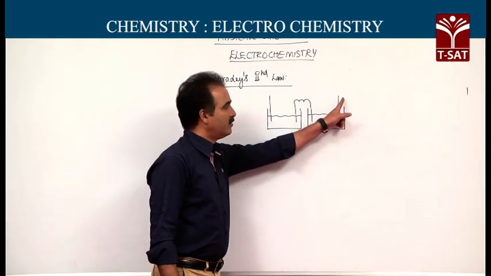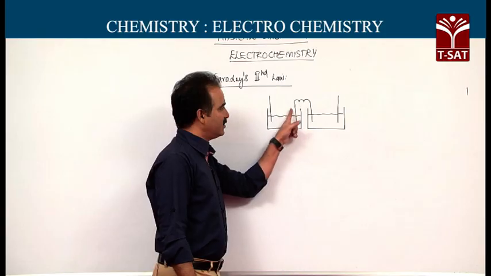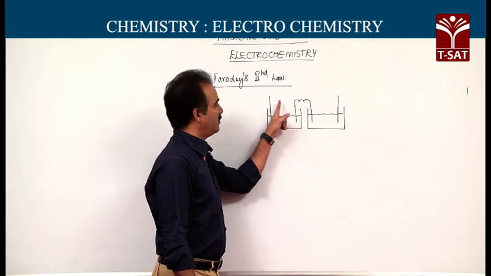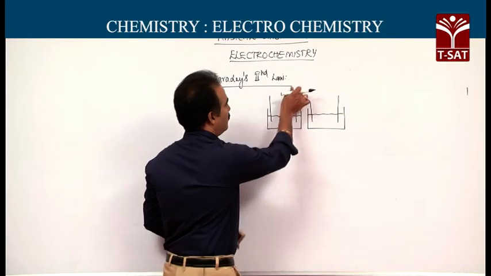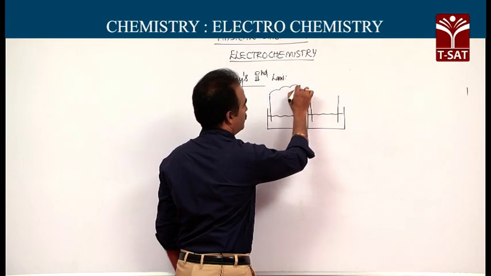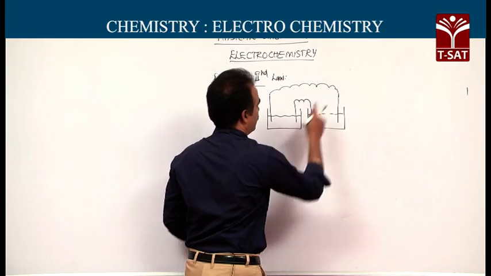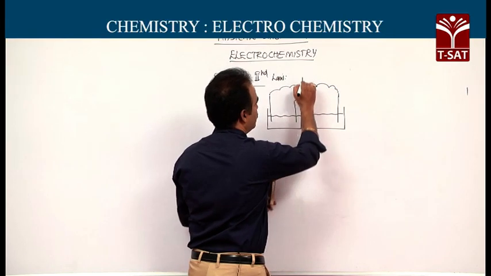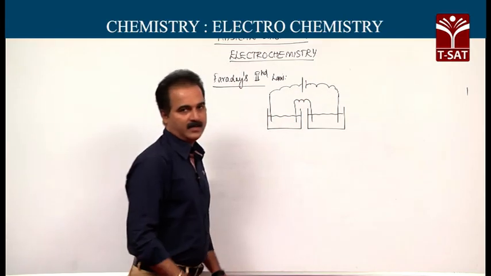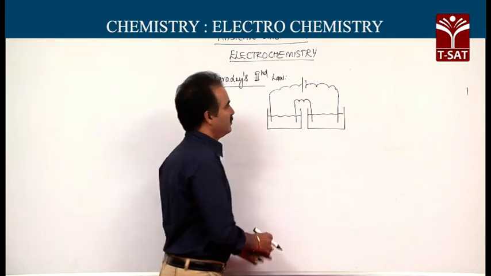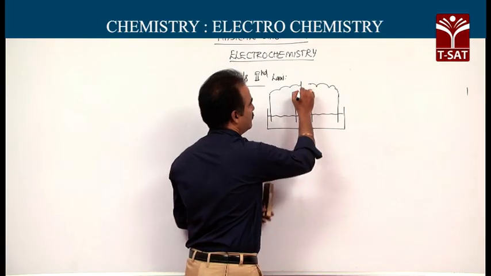So, this is cathode, this is anode, and this is cathode for the second electrolyte, and this is anode. Now, connecting these two, we are sending the same quantity of current through different electrolytes.